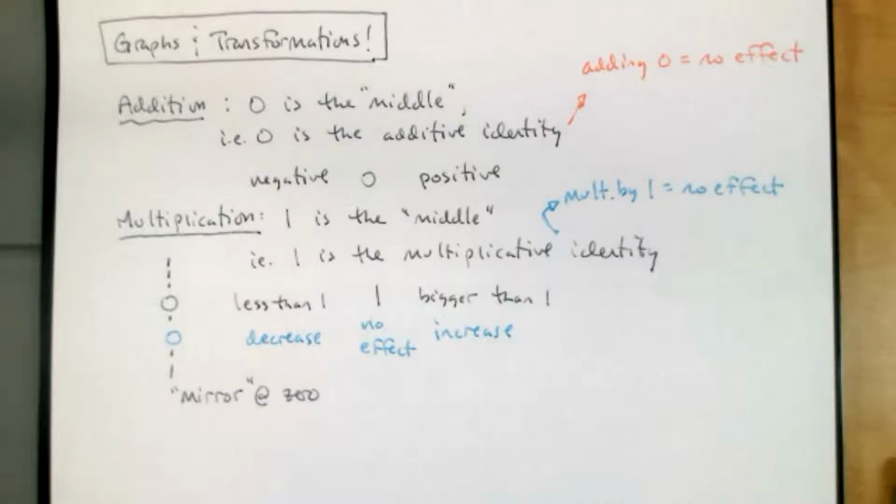So let's talk about what this has to do with transformations. What we saw yesterday is that multiplication uses a transformation on the graph of a function. Multiplication produces a stretch or a compression.